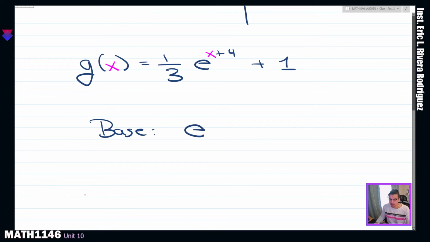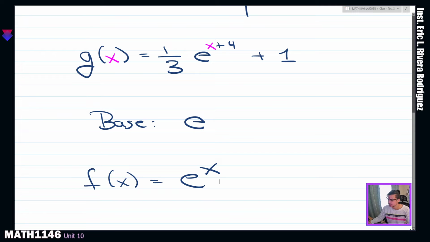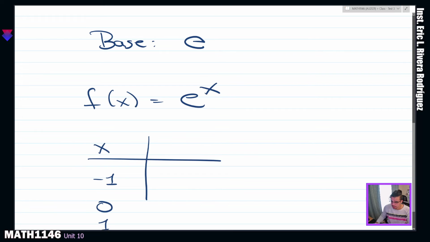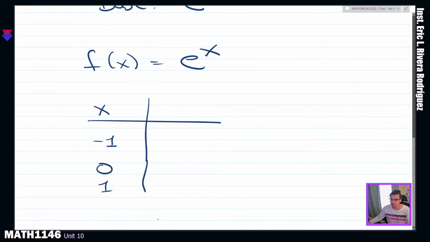So that's the base. So that means that the parent function of g of x would be e raised to the value of x. And we know then from the study of the exponential function that the key points of f of x here are going to be 1 over e, 1, and e.